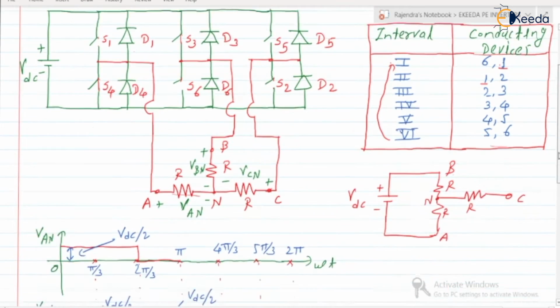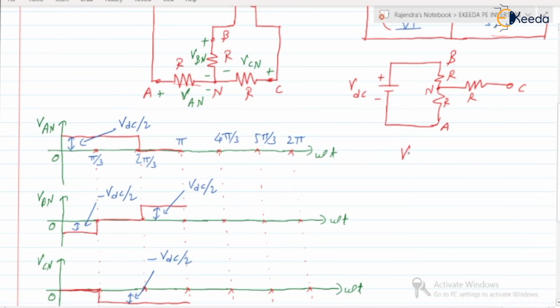If phase C is open, what about VCN? VCN is equal to 0. VBN is equal to VDC by 2, and VAN is minus VDC by 2.